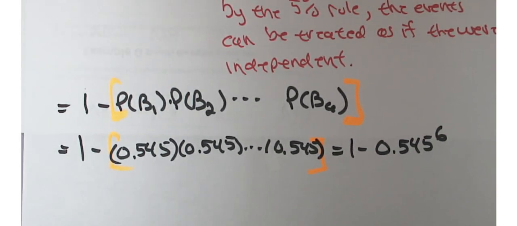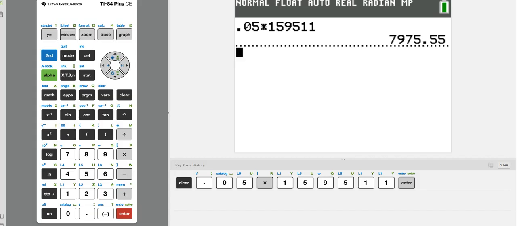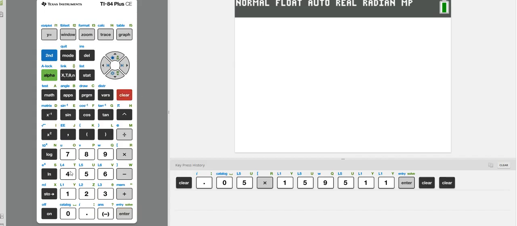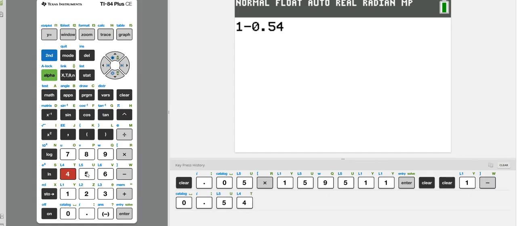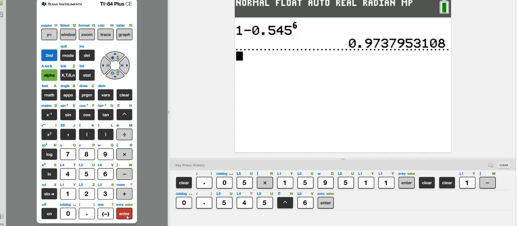Let's take a look at this: 1 minus 0.545 raised to the 6th power. Bam. About 97.38. We'll round it to the nearest 10,000: 0.9738.